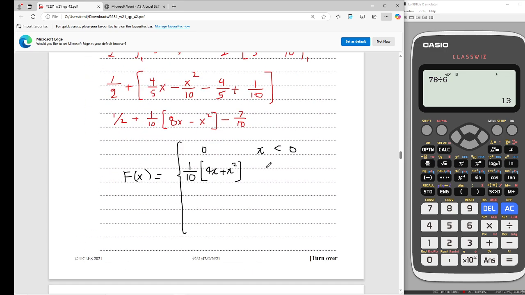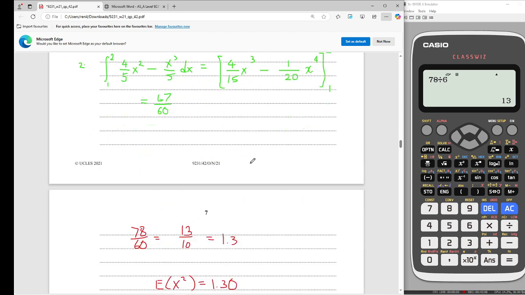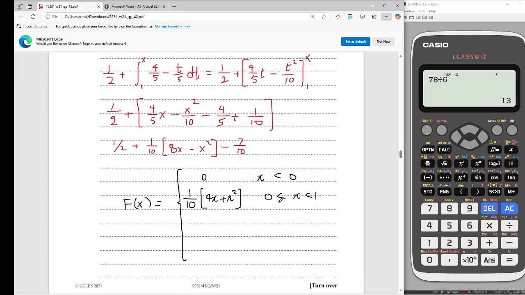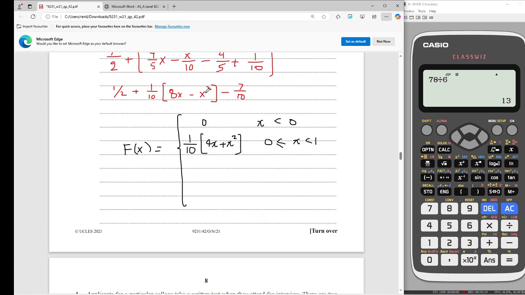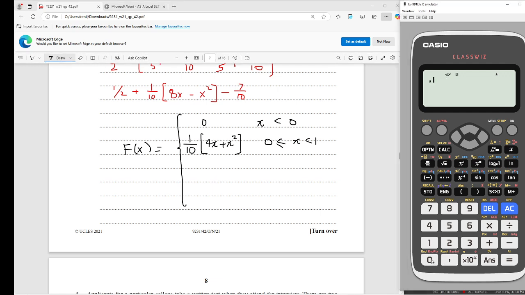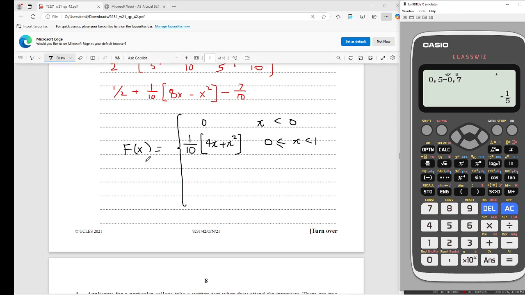Moving on, for this range we have from 0 to 1. Let me just check the greater than or equal to signs. Yeah, there is. Okay, moving on, for this right here, when you add 0.5 and this one, you get negative 0.2, obviously. So 7 over 10 is just negative 0.7. It's minus 0.1. Oh, negative 0.2.